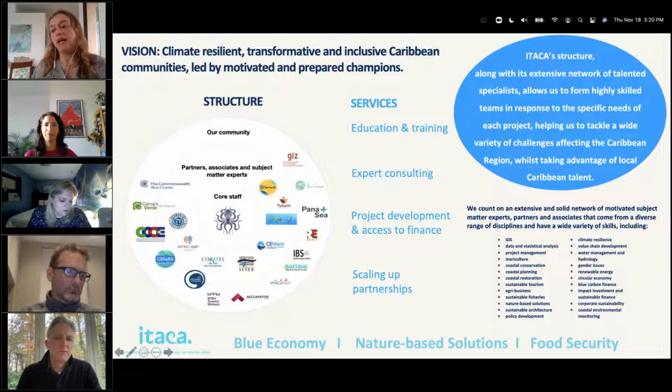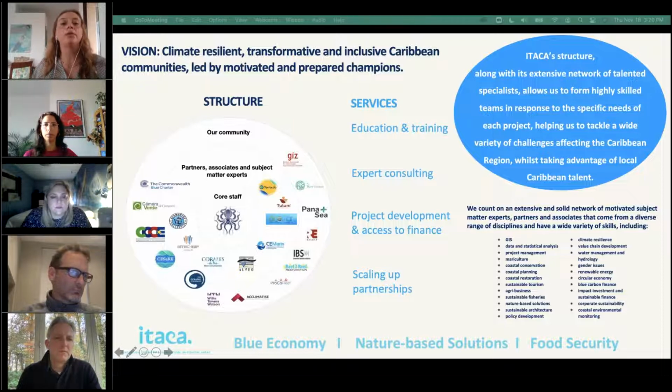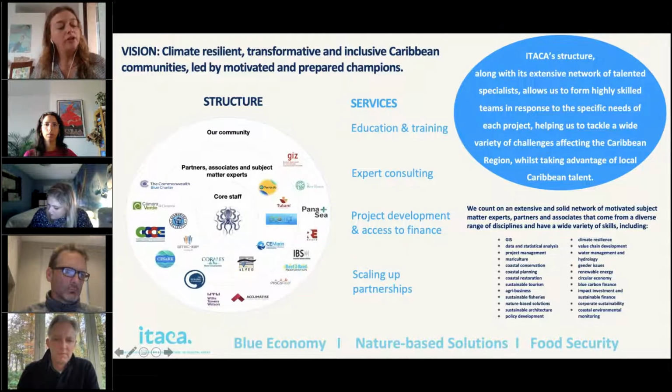And this included looking at what impact investors out there would be interested in this operation, also what grant-making facilities, green credit loans. We looked at the whole spectrum. So we started looking for finance for them, but then we realized that they also needed some education and some expert consulting. So we started doing other activities with them.